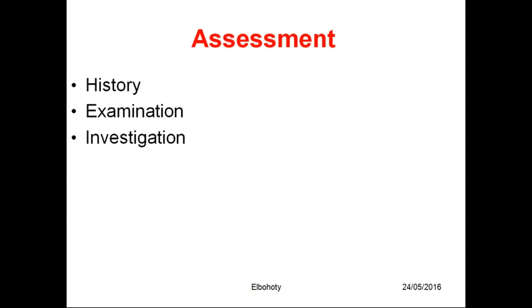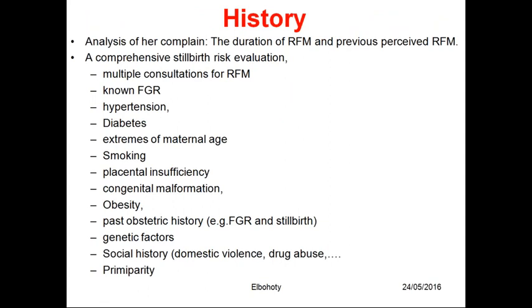You need to do assessment, including history, examination, and investigation. The important points in the history are the same points as for IUGR risk, and also the same points for stillbirth risk. So you need to do what's called a comprehensive stillbirth risk evaluation.